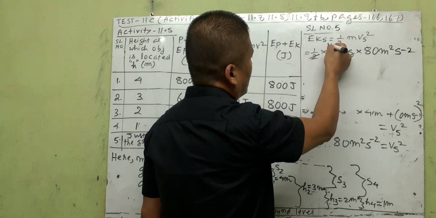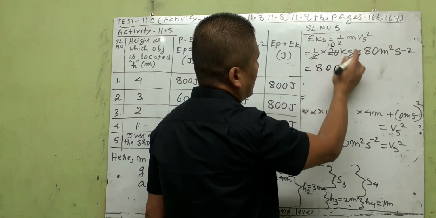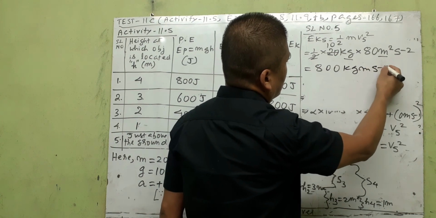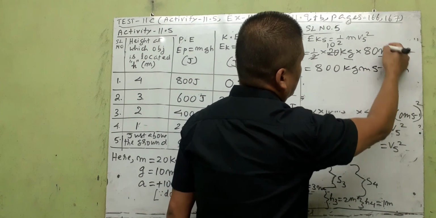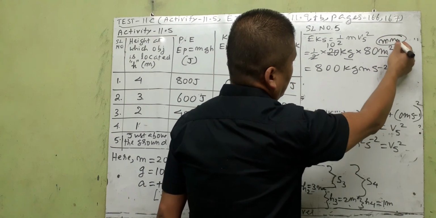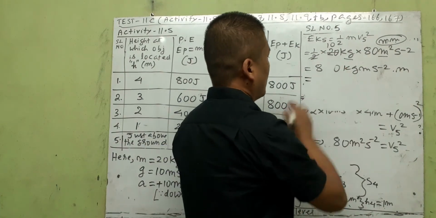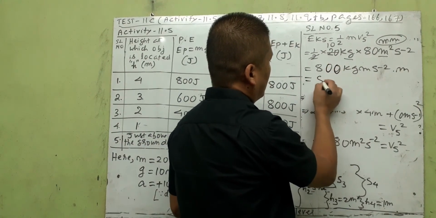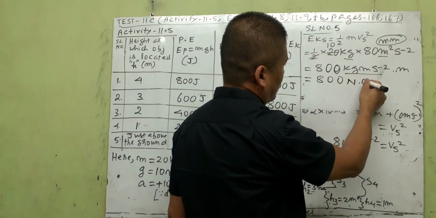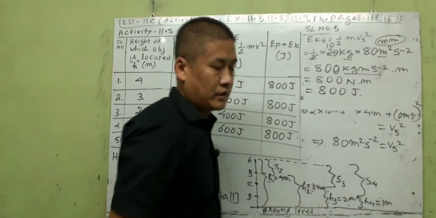So 2 tens are 20, 8 into 10 is 800 kg meter per second square, and 1 meter at the back because there is double meter here. So here 800, this part is Newton, kg meter per second square into meter, so that will be 800 Newton meter, which can be written as short as joules, as we know.